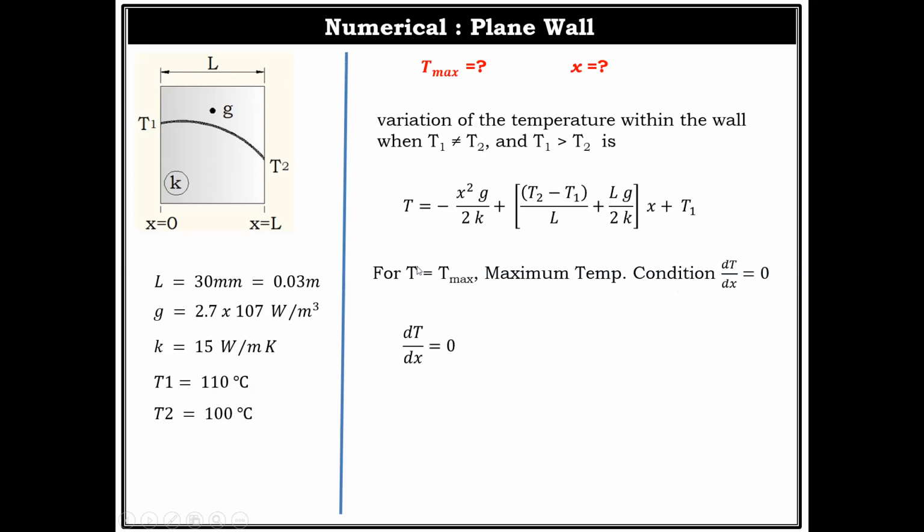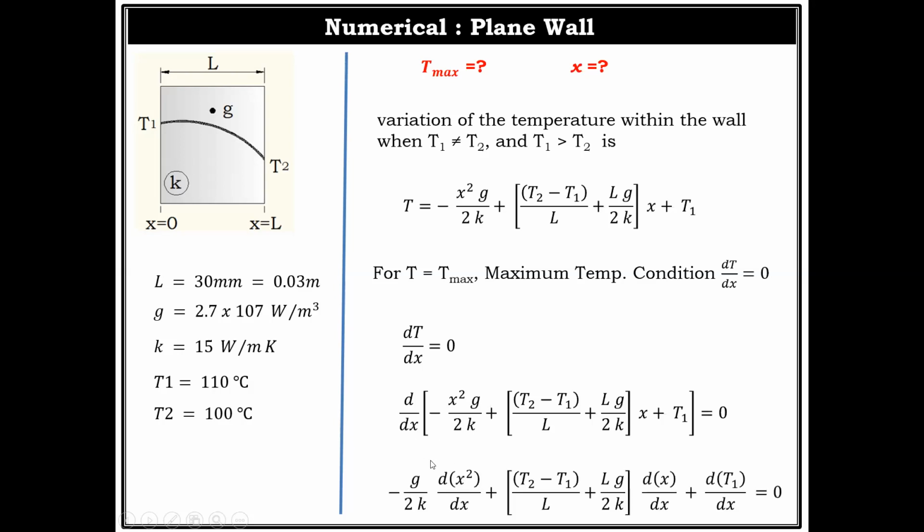So we will apply this dT by dx and equate to 0. So d by dx of the total temperature T equals 0. Now in this case, G and 2K are constants with respect to X, so they move out: minus G upon 2K, d by dx of x square, plus this bracket.